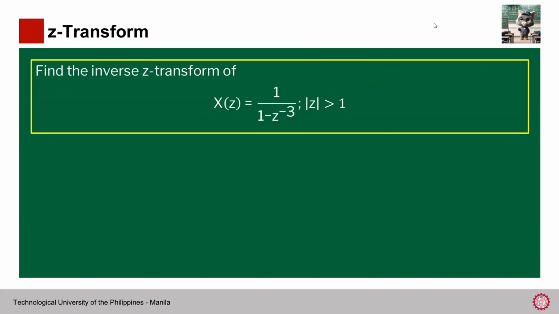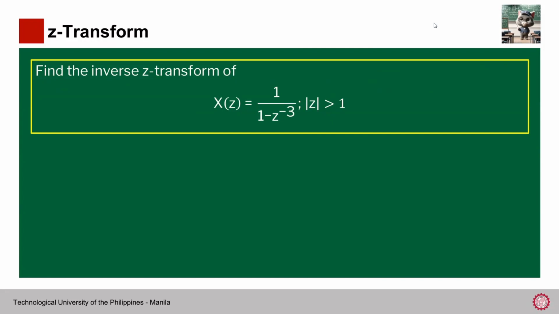So we have X of z equals 1 over 1 minus z raised to minus 3 with the ROC, mod of z is greater than 1. All right, so how do we perform the inverse z transform?